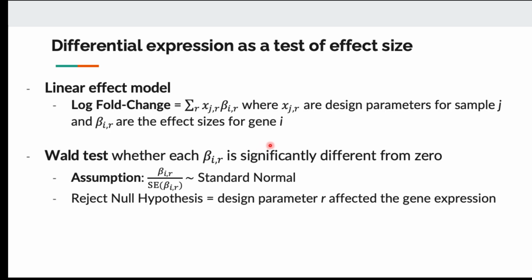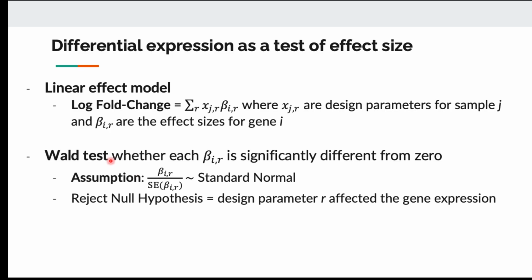If yes, the beta is not 0, then that's your effect. Your drug or your treatment has some effect. It can be positive or negative. As long as it's not 0, you have some effect. It might increase or decrease your gene expression. But if your beta looks like it's 0, it's very small, then you can say that maybe that parameter doesn't have any effect on your gene expression.